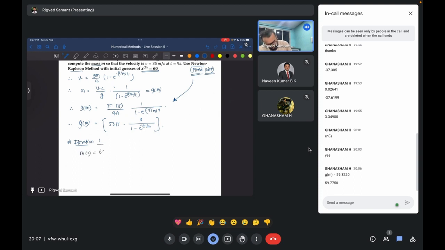m of 0 is given 60, right? So g of m of 0 is 59.822.